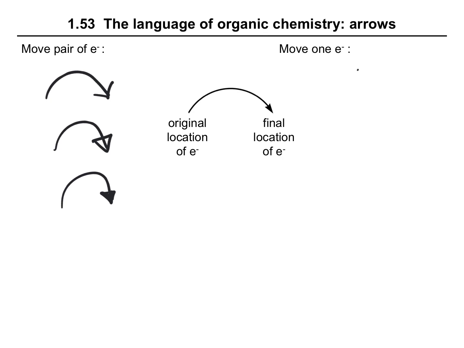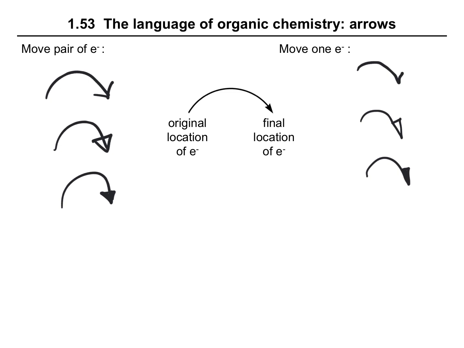Moving one electron could be represented by a single barb that's open, a single barb that's closed, or a single barb that's closed and filled in. So these mean the same thing as each other. These mean the same thing as each other. So please keep that in mind.